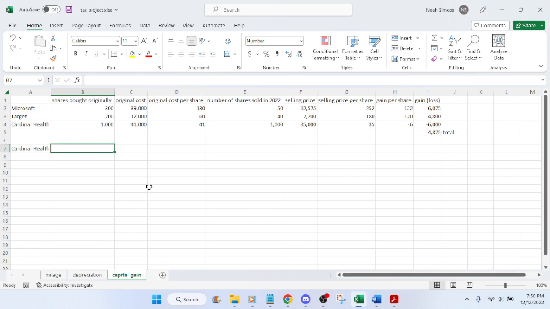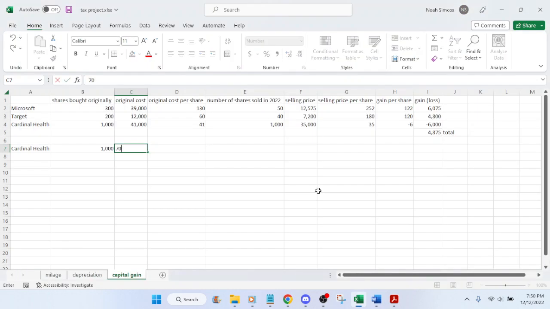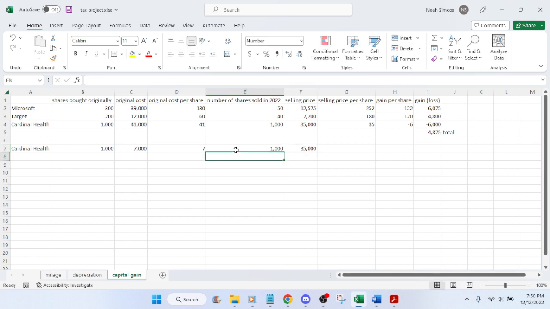So what I'm going to say is $1,000 shares, and now I'm going to say that the original cost was $7,000, which is ridiculous. That's funny. So equals this divided by this, which all 1,000 are sold. Selling price was $35,000.